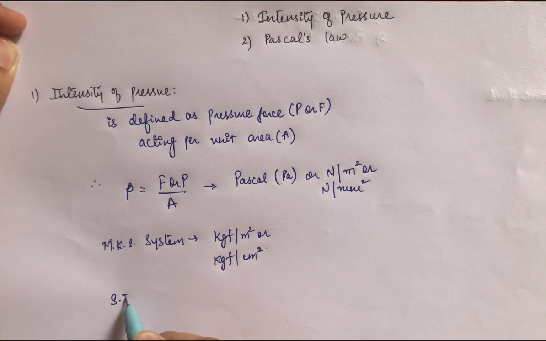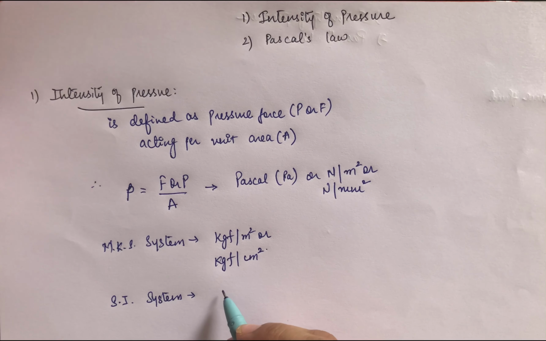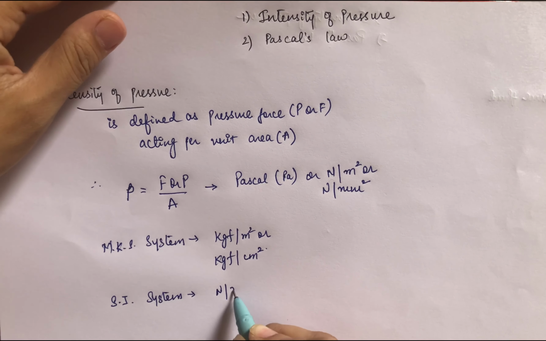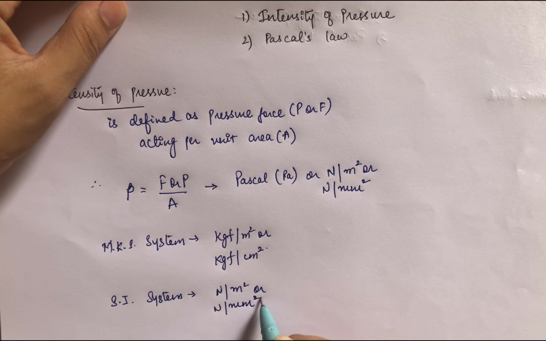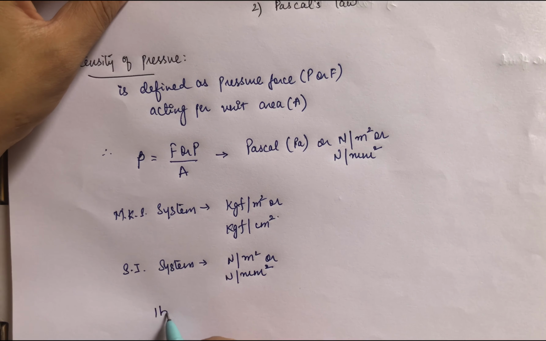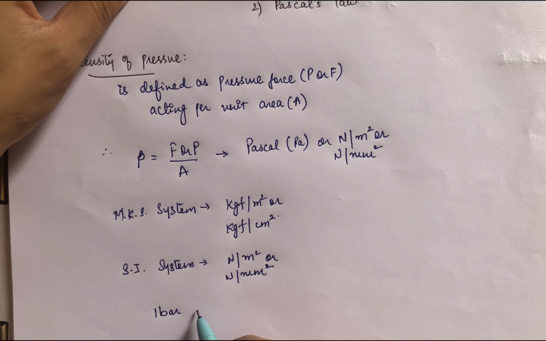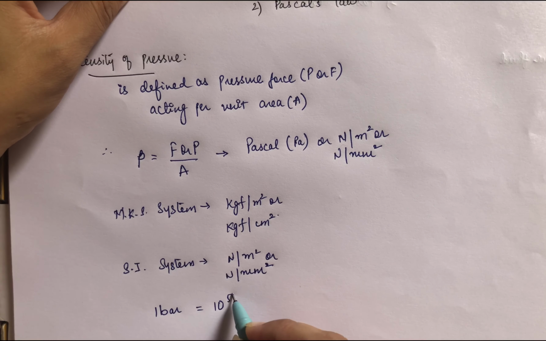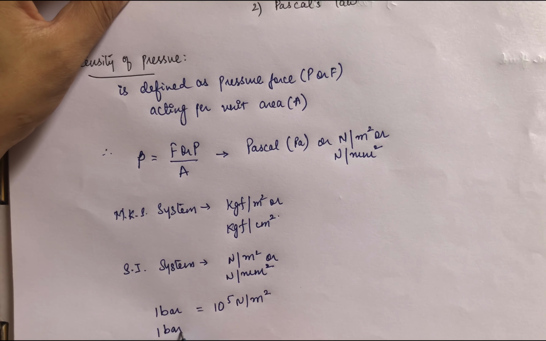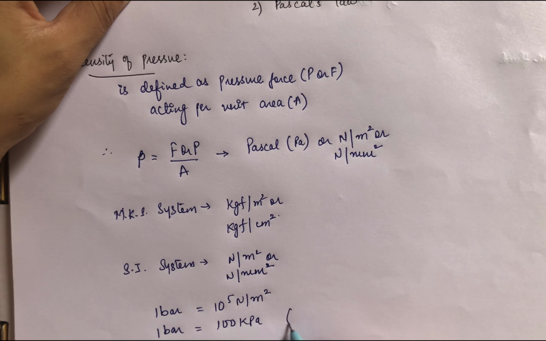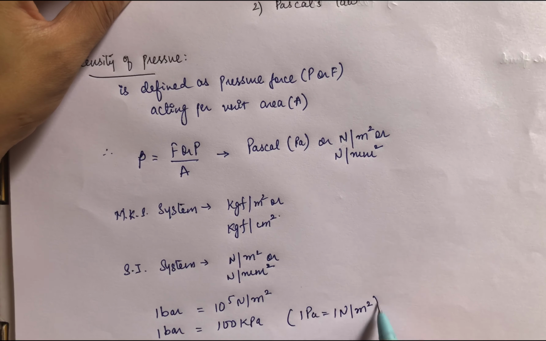And if we talk about the SI system of units, then its unit is Newton per meter square or Newton per mm square. It is also referred to as 1 bar is 10 raised to 5 Newton per meter square, and another unit is 1 bar is 100 kilopascal, where 1 Pascal is 1 Newton per meter square.